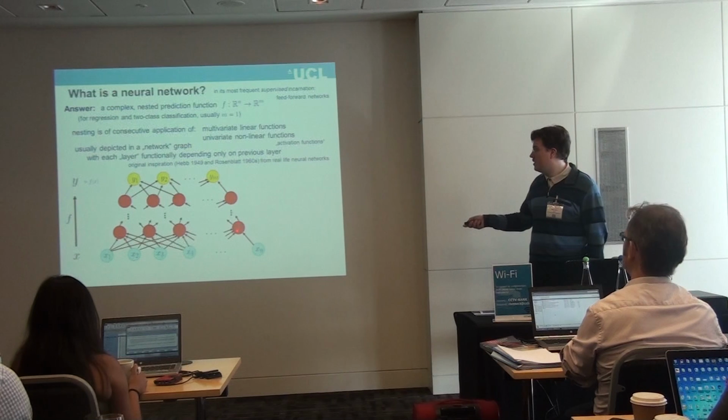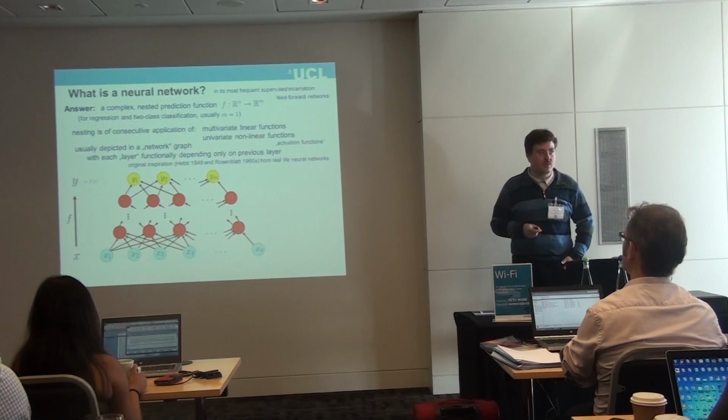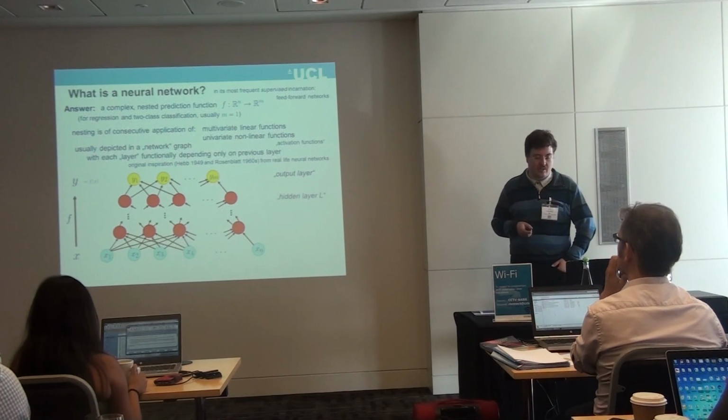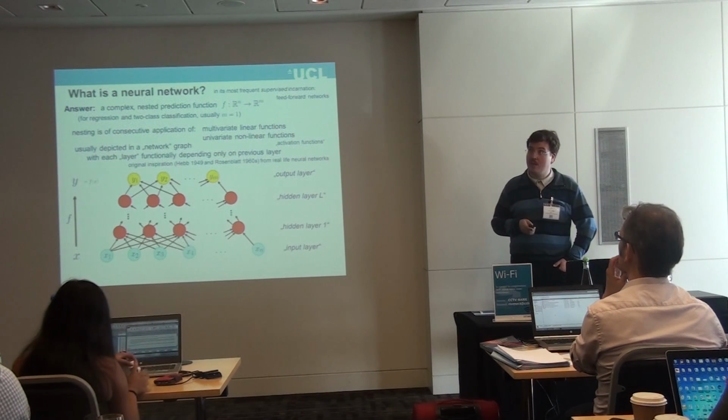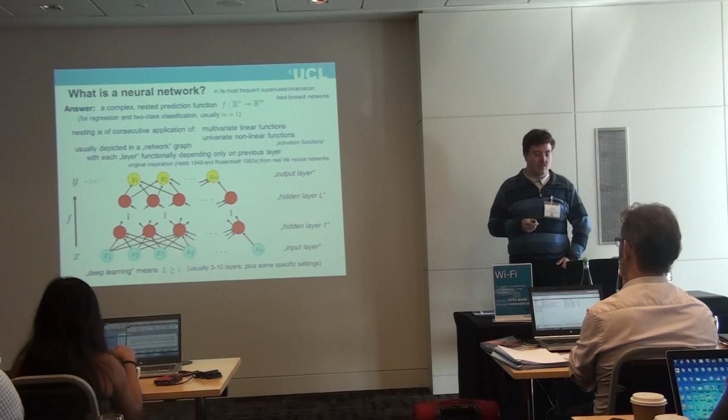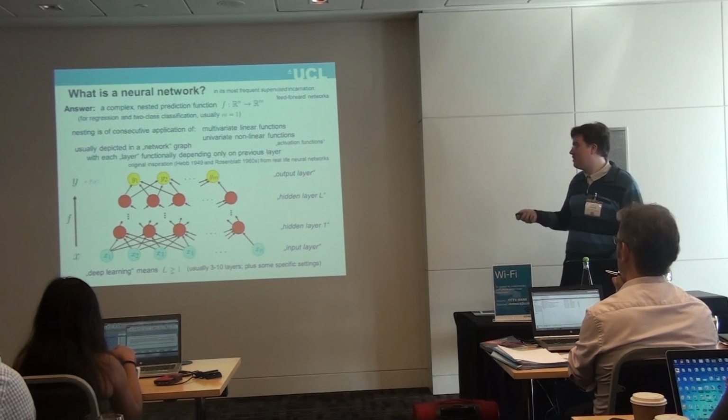So once here in the first red layer, and you do it again and maybe once more, and then you have the output layer, which is your set of final results. That's the type of function which is nested and highly nonlinear, which models a neural network. In practice, this is just computed inside the computer.